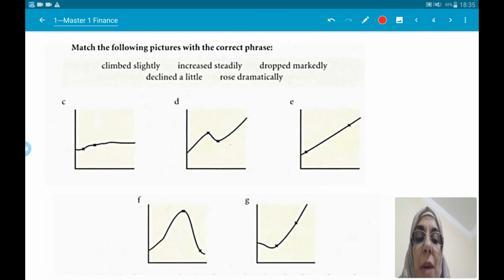So you've got here pictures or images of different graphs, C, D, E, F, and G. You have to match the following pictures with the correct phrase. Climbed slightly, increased steadily, dropped markedly, declined a little and rose dramatically. Okay, so have a few seconds in order to think about the exercise.